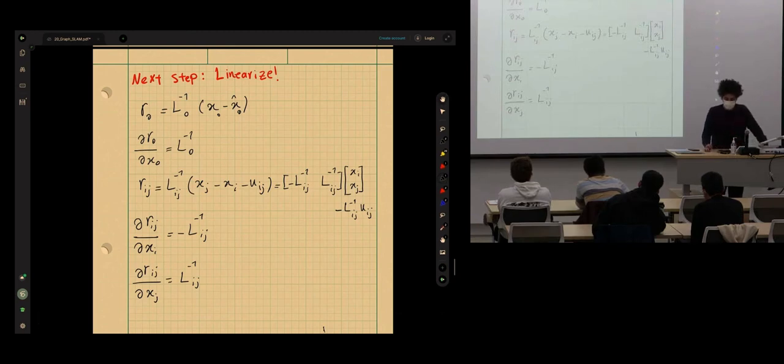Is it scalable? In this example, you can think of these as scalars, but they could be vectors too. You could think of them as vectors of any dimension. That's why I'm writing it in matrix form, L inverse, and keeping the order as if they're matrices.